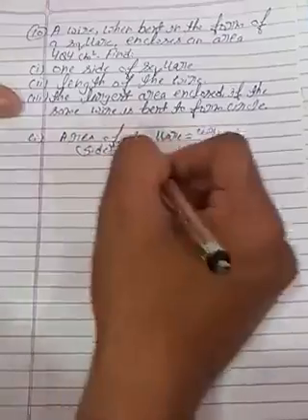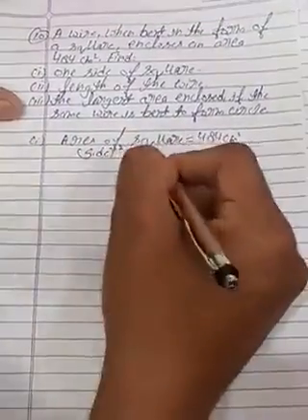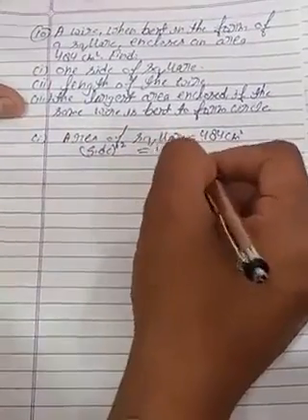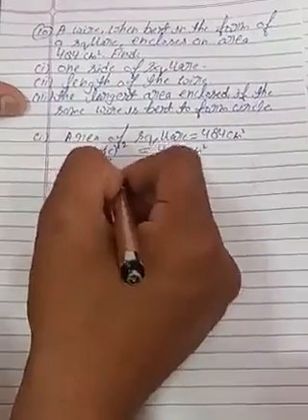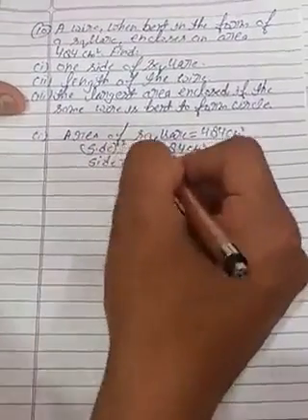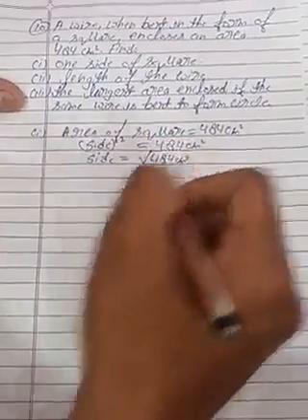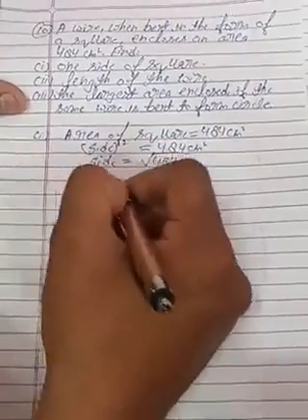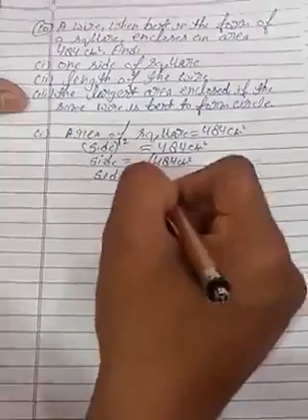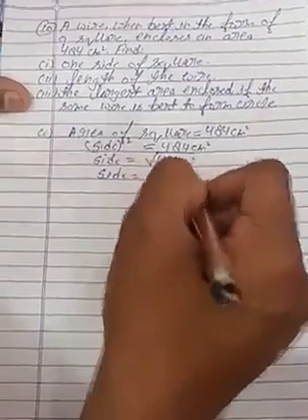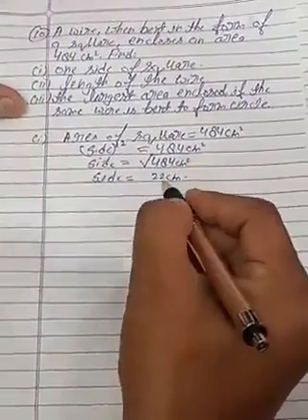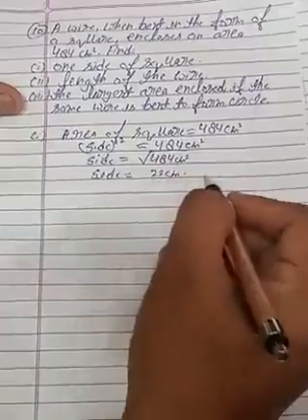So side is area of square. Formula is side square. So side square is equal to 484 centimeter square. So side is equal to under root 484 centimeter square. So student, side is equal to 22 centimeter because 484 is a square of 22.